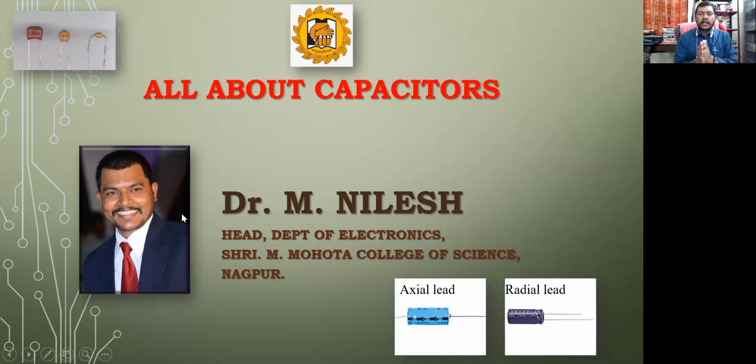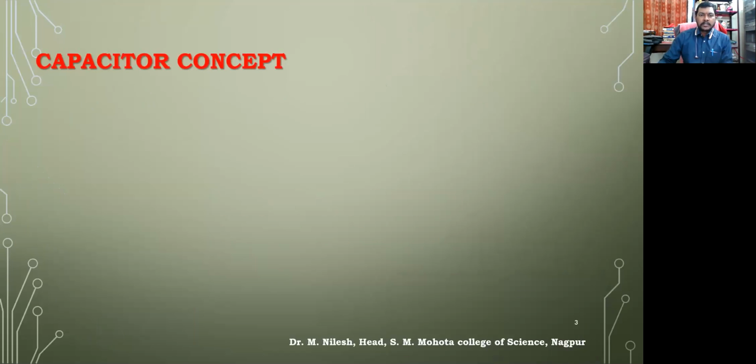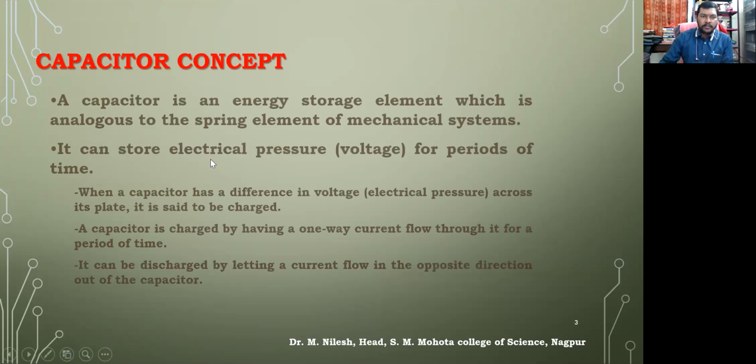The basic definition that I told you, that two conducting plates separated by a dielectric medium is called a capacitor, right? So two conducting plates separated by a non-conducting medium is called a capacitor. These plates act to store the charges on these plates, right? So this is the basic concept of the capacitor that we have studied.